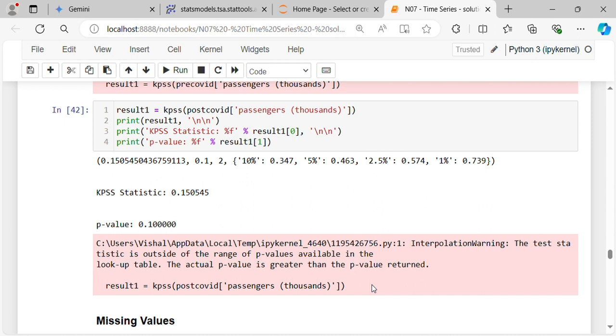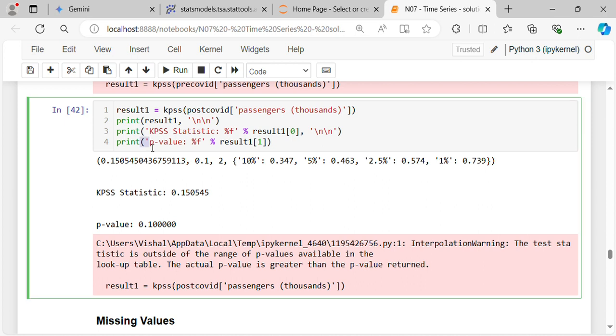So the actual p-value is 0.05, and the p-value retained is 0.1.